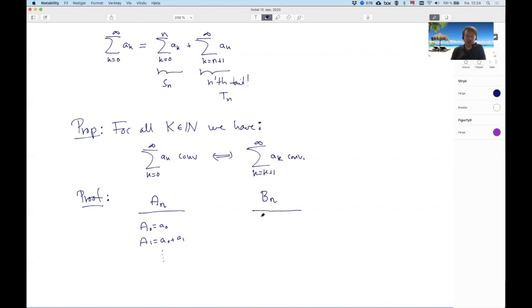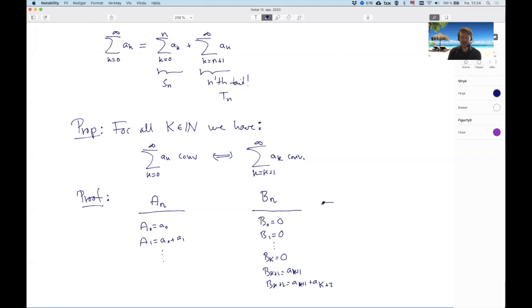But here, we're going to say that B0 is 0, B1 is 0, and all the way down to BK, whatever he is, is 0. And then B(K+1) is equal to a(K+1), and then B(K+2) is equal to a(K+1) plus a(K+2), capital K's here everywhere, like this, meaning that these partial sums are 0 until we hit the first non-zero term here, because I want the indices here to match in a good way.